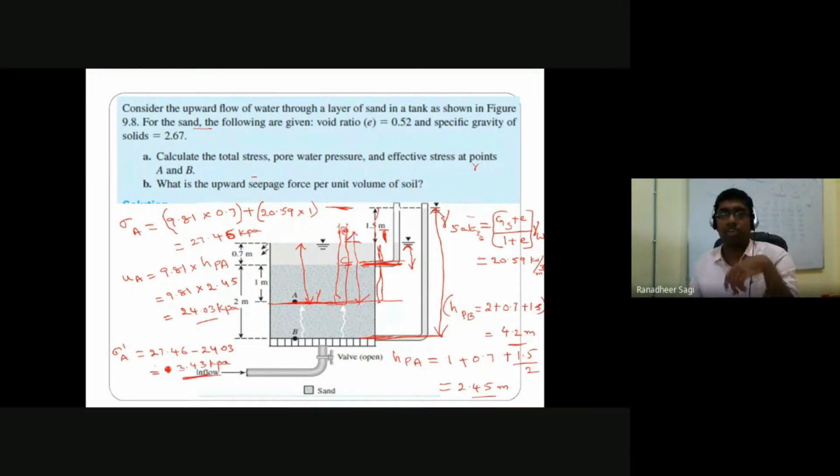Now similarly, if I want to calculate the total stress, pore water pressure and effective stress at point B, I can still do that.